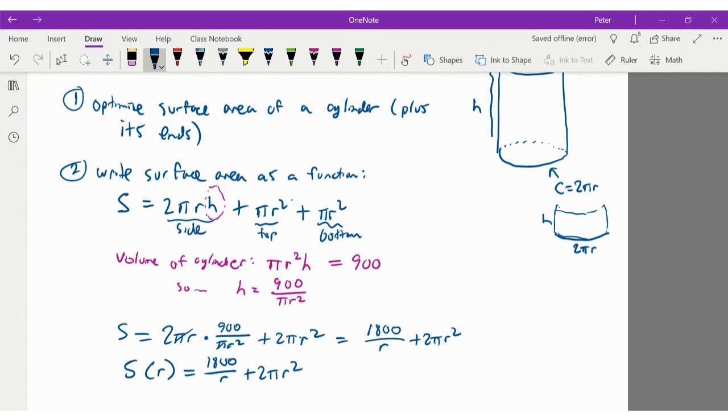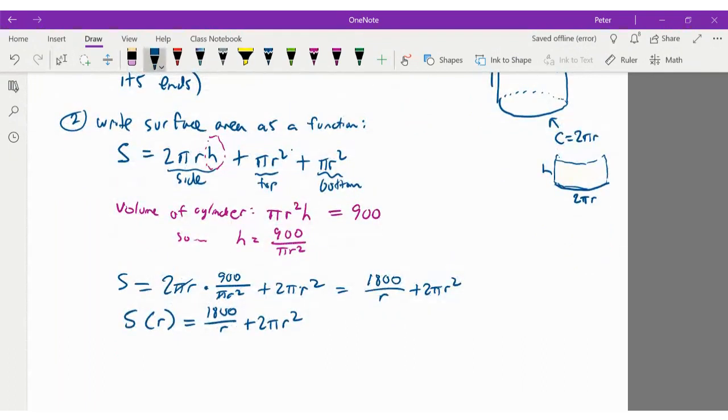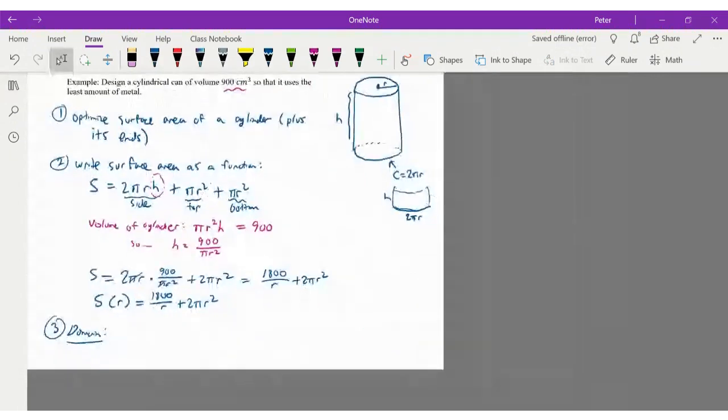So now we need to consider the domain. Okay, so let's go back to this picture. What is the smallest radius? So I'm trying to write S in terms of radius.